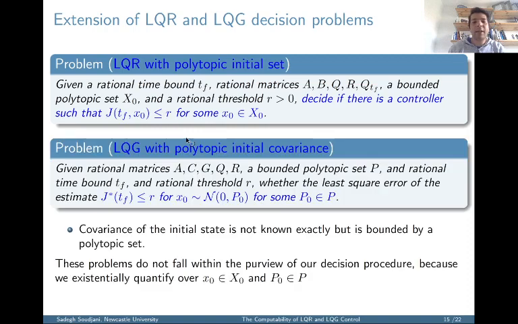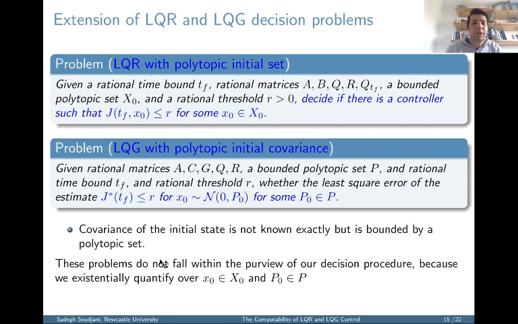The same modification I can apply to LQG. Instead of fixing the covariance of the initial state, I allow the covariance of the initial state to vary inside some set, and I want to see if there is a covariance inside that set such that the least square error of the estimation is less than or equal to R. So these problems do not fall within the purview of our decision procedure because we existentially quantify over x0 and p0.